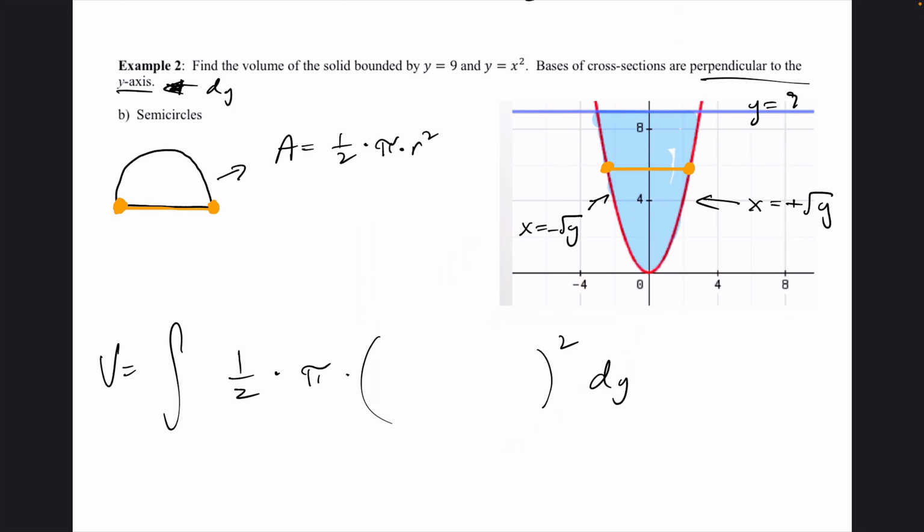So kind of like we did earlier on example number 1, we have to manipulate that a little bit. So what is r equal to? What is r the same as, we said? 1/2 d, right? 1/2 d, or d over 2. So that we're going to put in here.